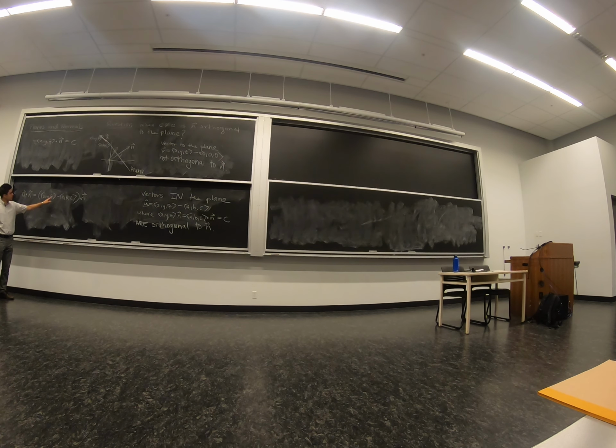Now we can split up, we can bring the dot product across this minus sign. And now we've got something equal to C minus something equal to C, which is 0.